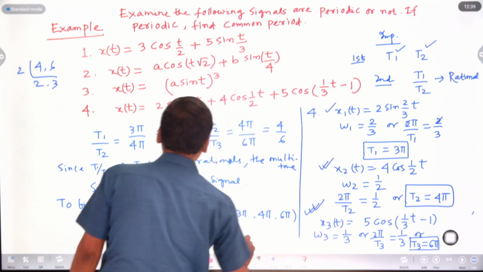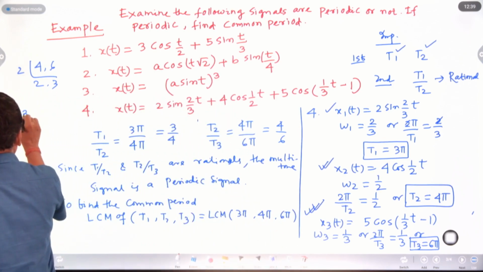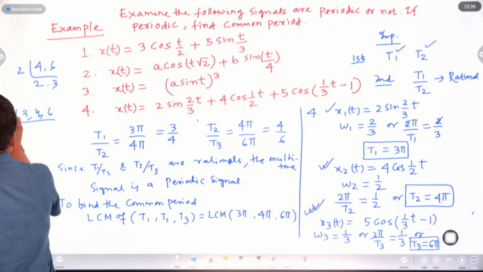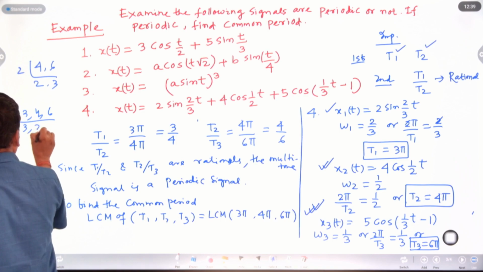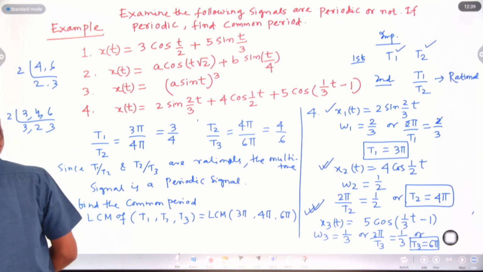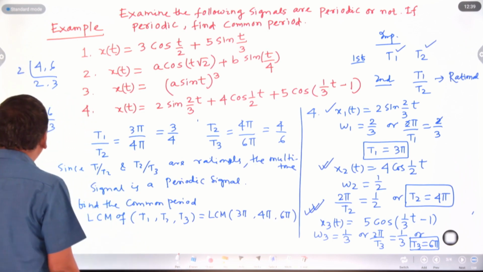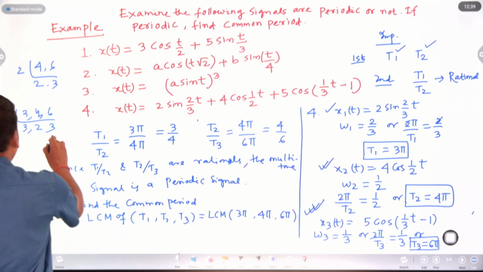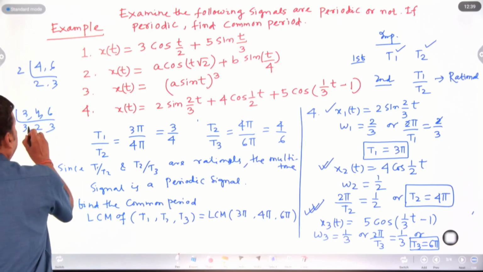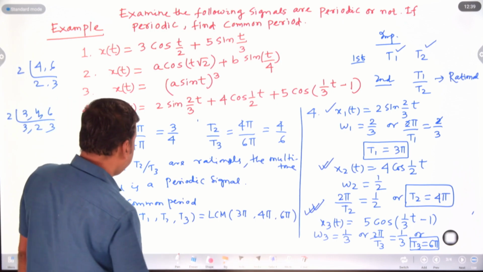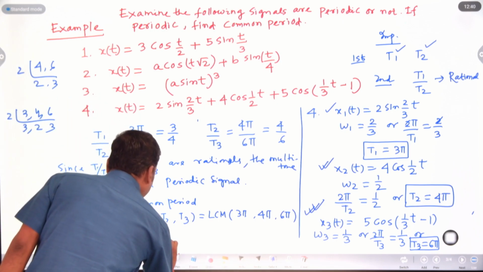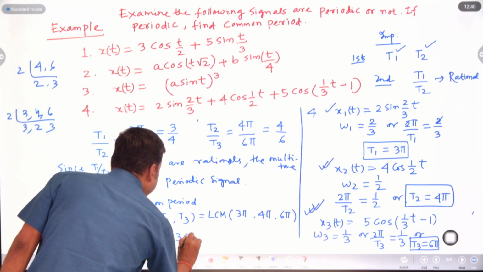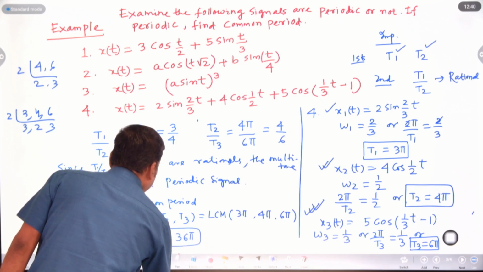So the LCM of 3, 4, 6 is nothing but 3 to the 6, 3 the 18 to the 36. So common period T equal to 36 pi, and it is one common period of these multitone signals.